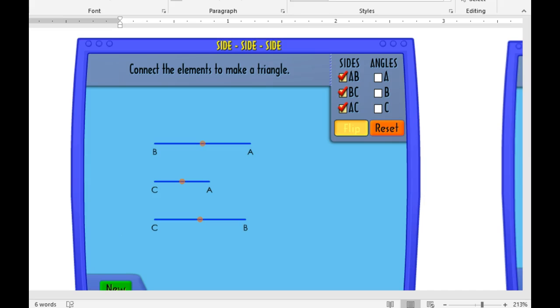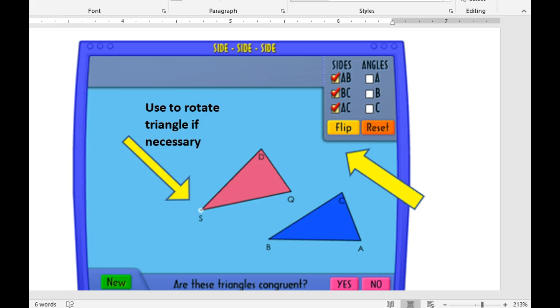If you put your pointer on the end of the segment, it will rotate it. Here I have some that I already made. Notice that the arrow is pointing to the S on the corner there, and then you can flip and rotate to see if you can make them line up together and match.